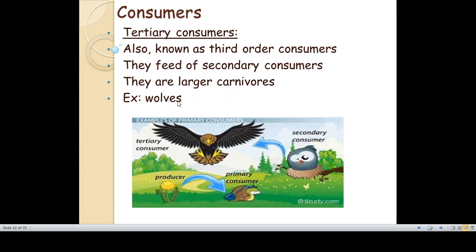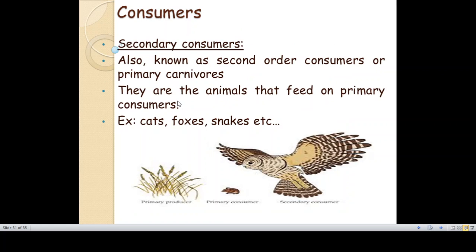So when we talk about the tertiary consumers, have the idea that they are called third order consumers. Now what do you mean by third order consumers? That means kinds of organisms, maybe an animal or a bird, that depend on the primary carnivores. We have seen primary carnivores like cat, fox and snake.